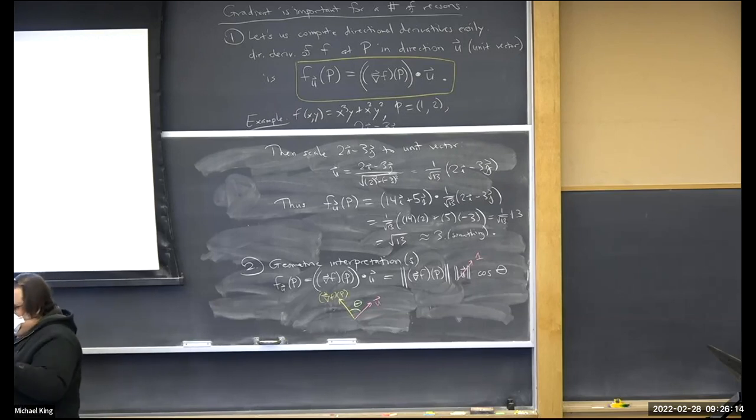That is the gradient direction. As you turn away from the gradient direction, the slope goes down like cosine. When you get to 90 degrees, it's 0. At 60 degrees, cosine of 60 is a half, so it's half the slope at a 60-degree angle with this direction.